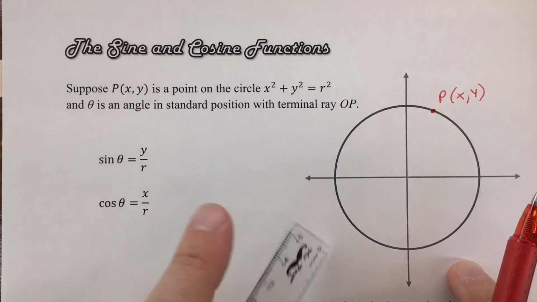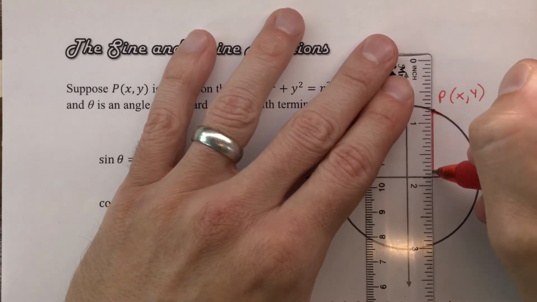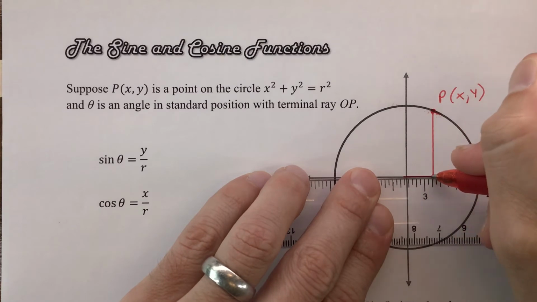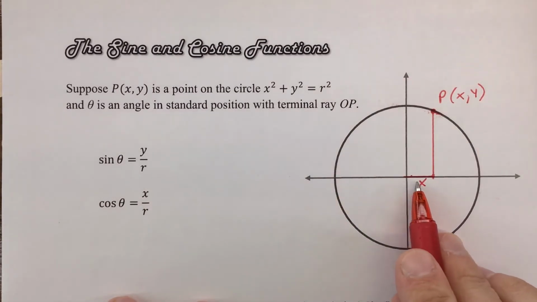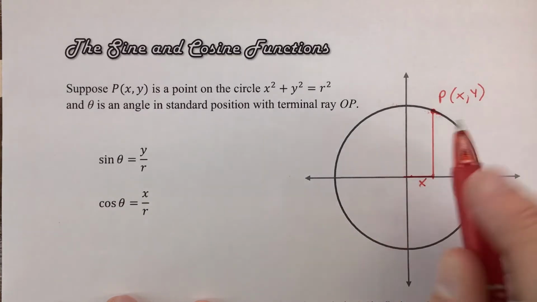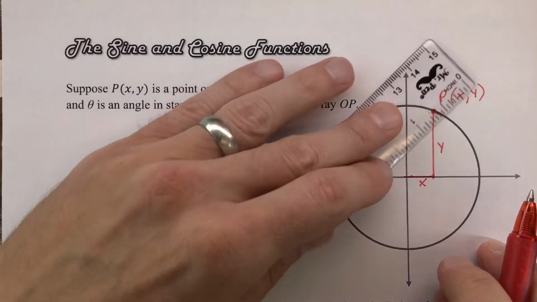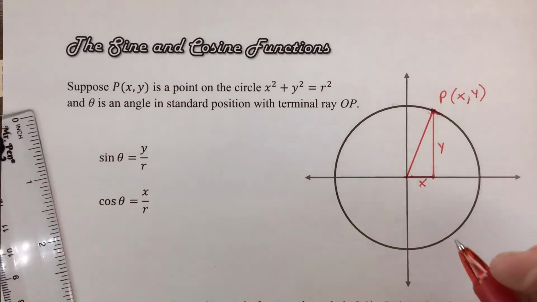So I'm going to highlight those components that would get us there. That would be a distance of x, whatever that number is, out in that direction, and then you go up y units. That'll get you to point P. And then the radius, I'm going to add that in there too, because we can.